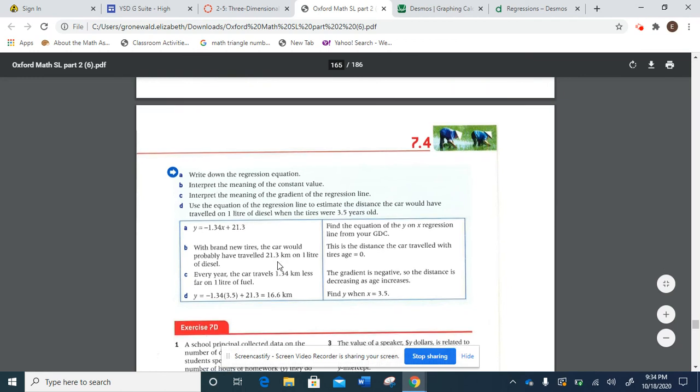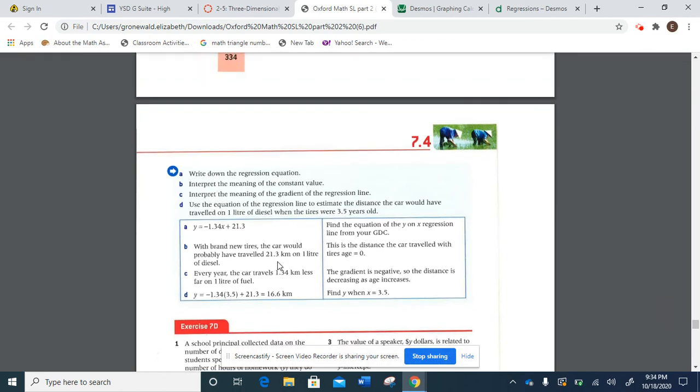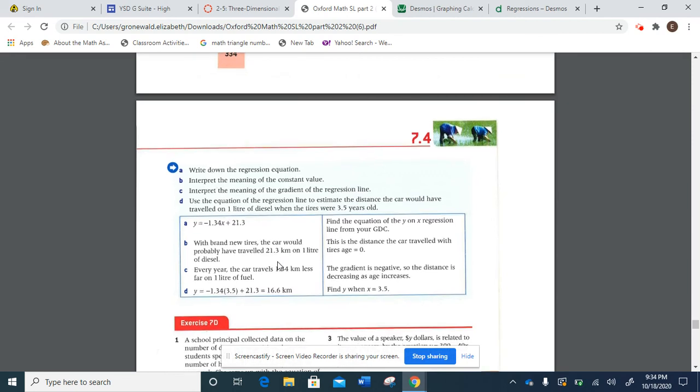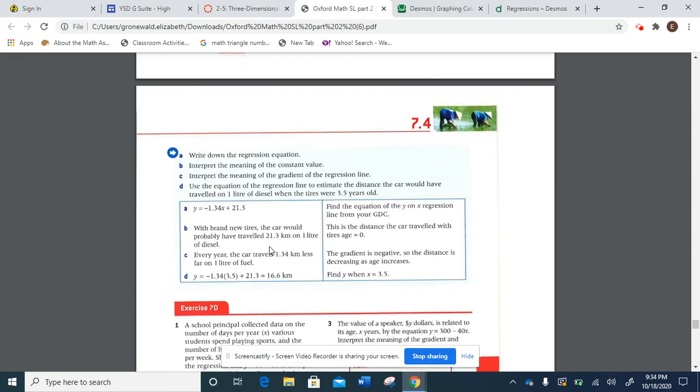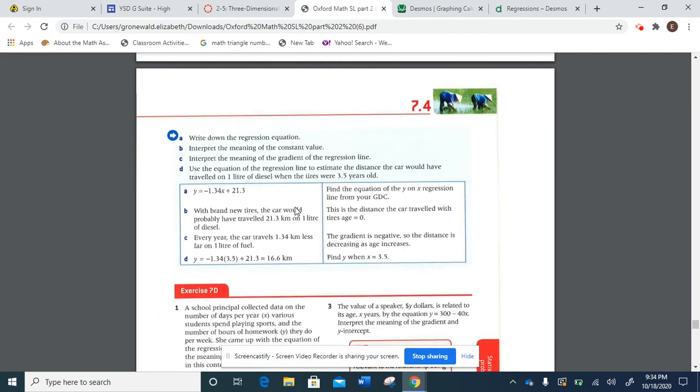Basically, you can travel 21.3 on 1 liter of diesel. Okay. The slope basically means that every year the car travels, your tires make your miles per gallon, or in this case, kilometers per liter, go down 1.34 for every year you have the car. Okay.